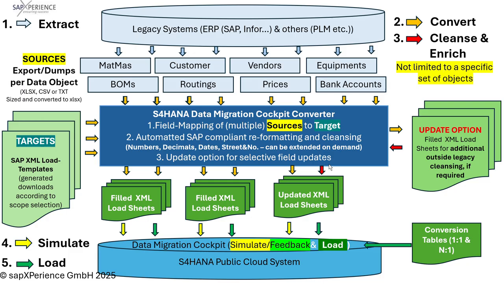What we're not doing is mapping of values from legacy system fields to the SAP values. This happens in the data migration cockpit where conversion tables can be provided and defined and will be processed during simulation and load.